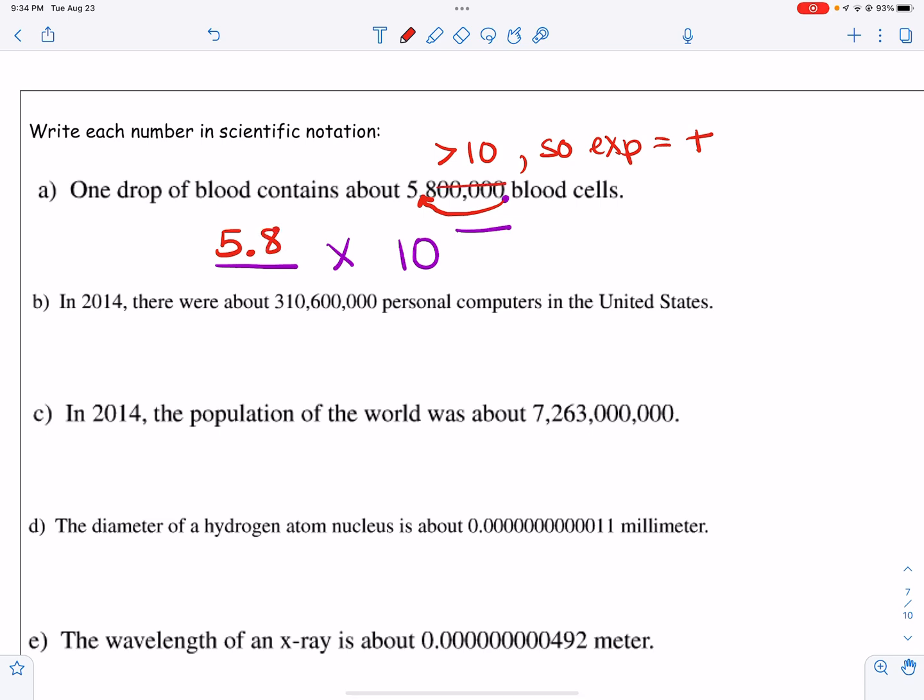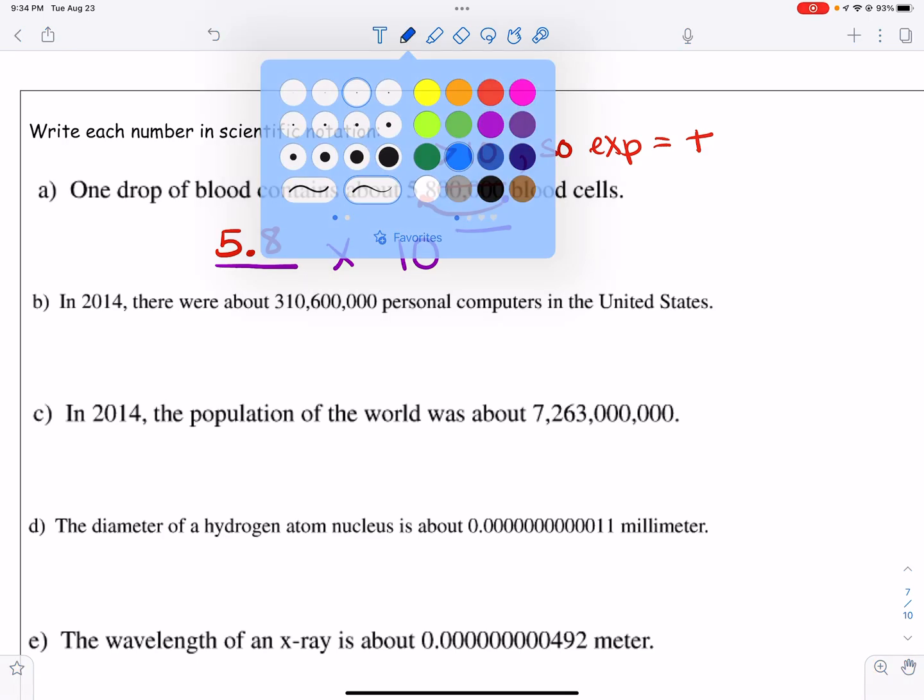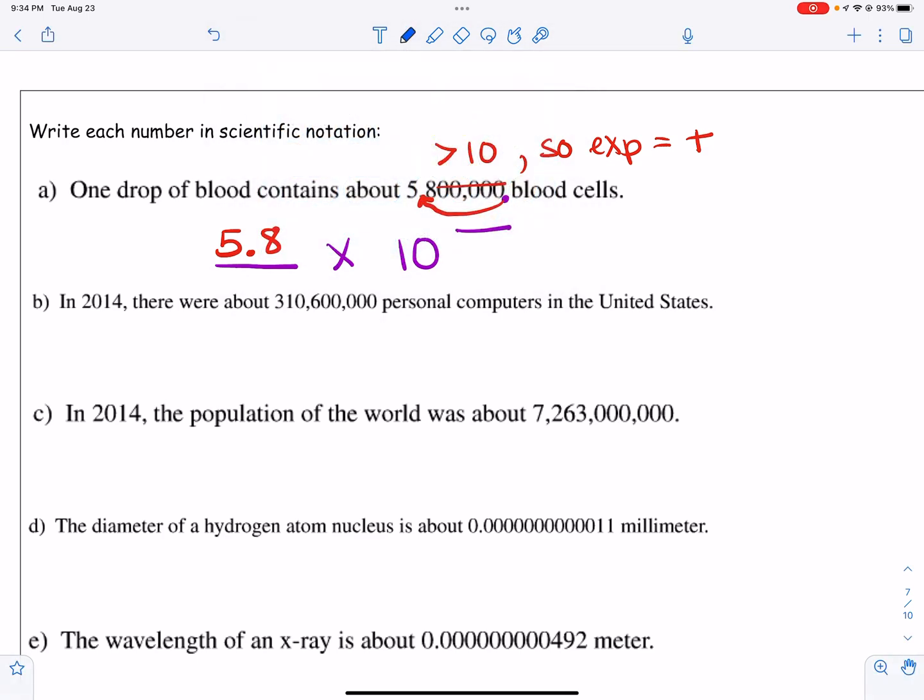These zeros will drop off. To get my exponent, I have to actually count how many places I moved the decimal point. 1, 2, 3, 4, 5, 6. So my answer would be 5.8 times 10 to the 6.